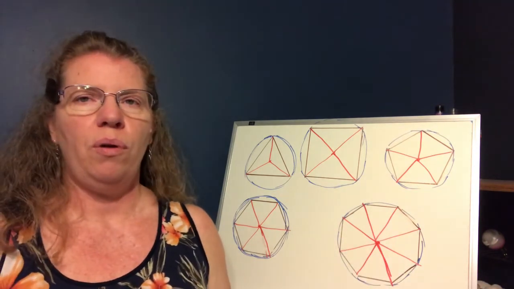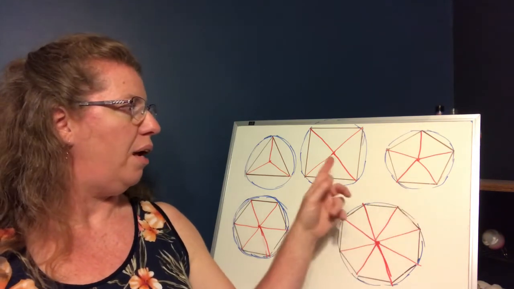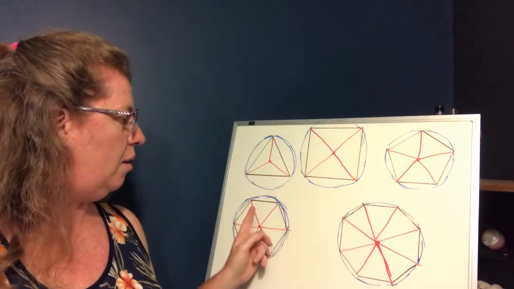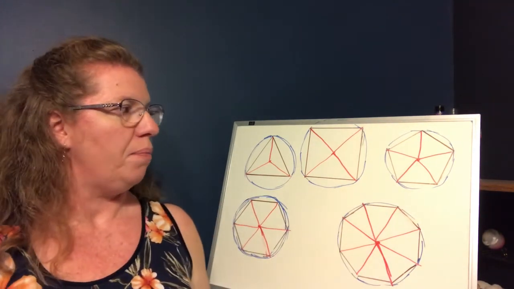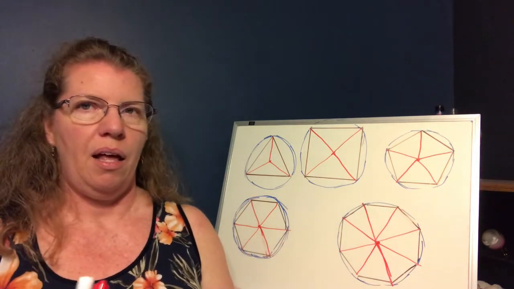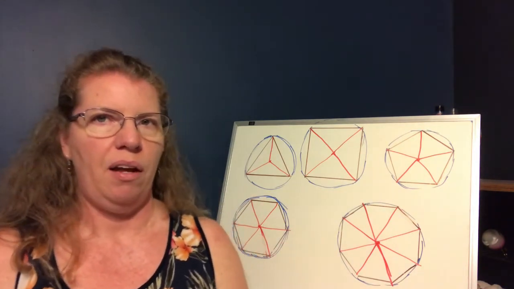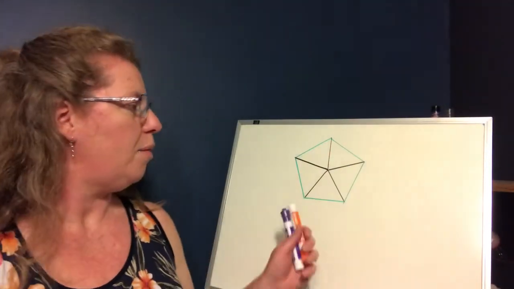So whenever you have a regular figure, we're going to find the area of one triangle, and then multiply it by how many there are. Let's take a look at one of these figures and look more closely at how we find the area of that triangle. Okay, let's look at a pentagon.